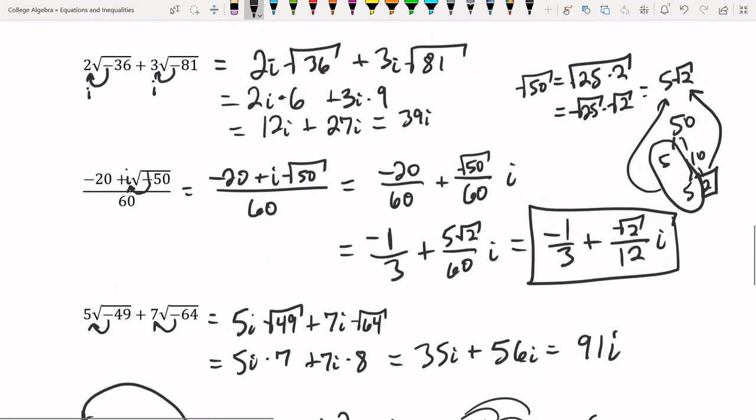Now, in all these problems that I just showed you, there actually wasn't any of the caveat. To get the caveat, what you really want to do is look at a problem like this. Let's say we had the square root of negative 4 times the square root of negative 9.